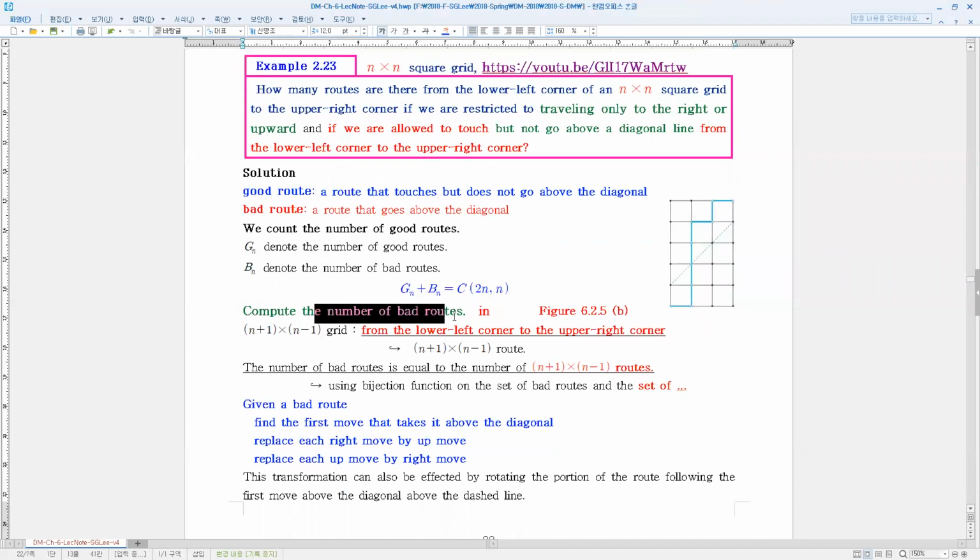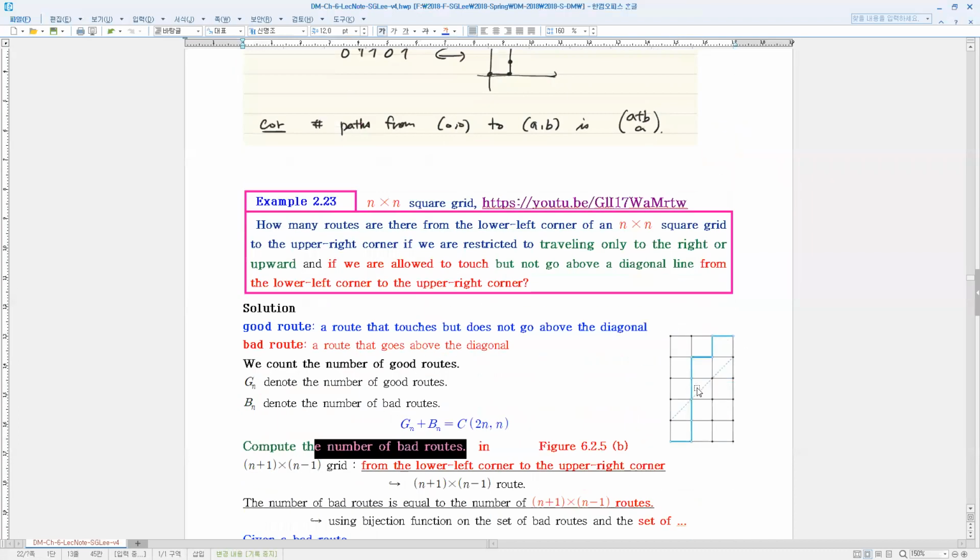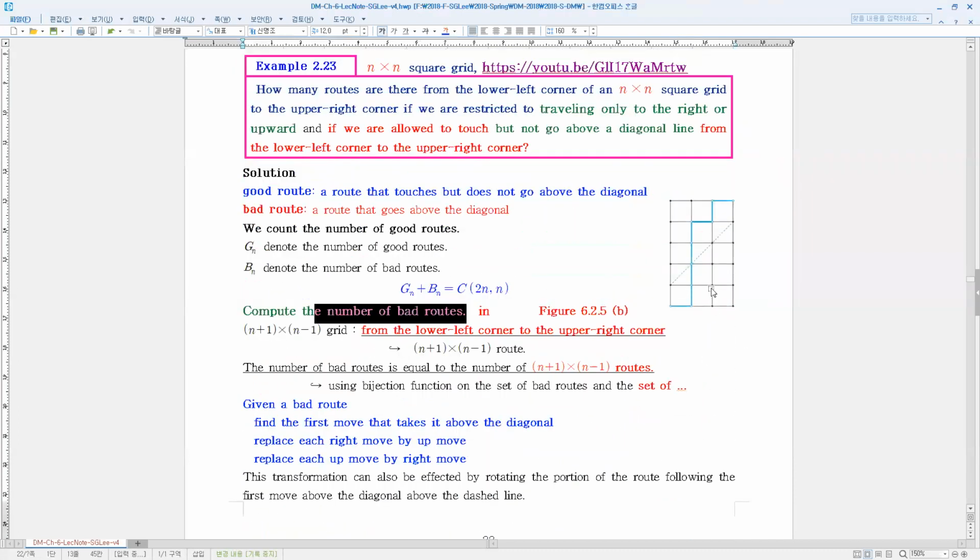Then compute the number of bad routes in this figure. Here we now have an n plus 1 by n minus 1 grid like this, from the lower left corner to the upper right corner.